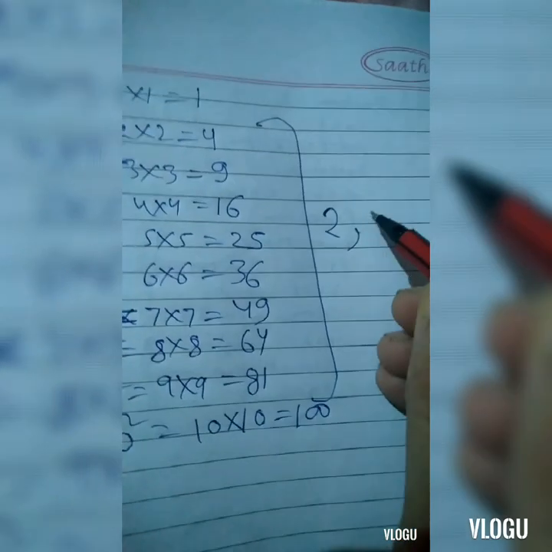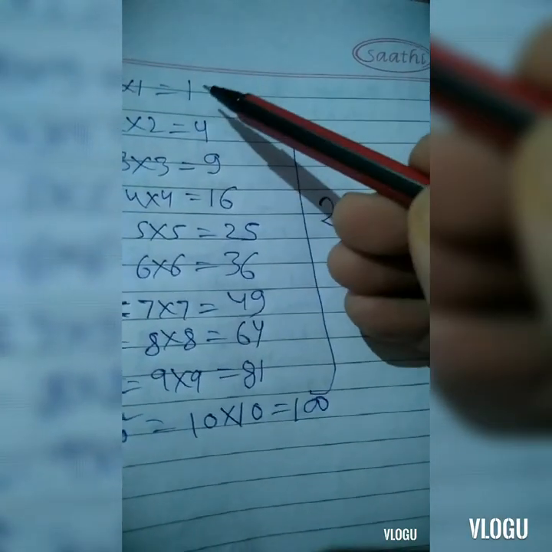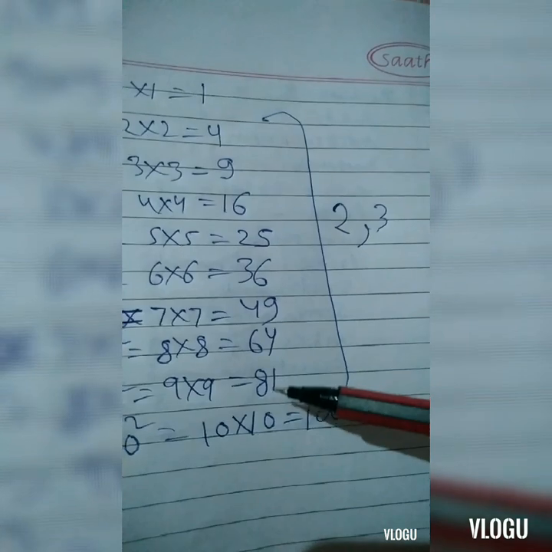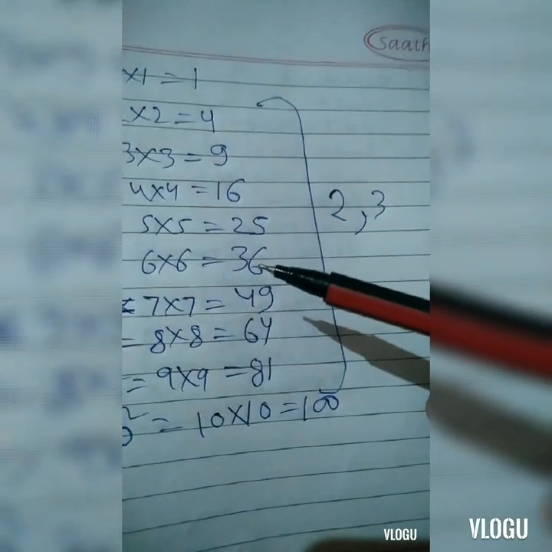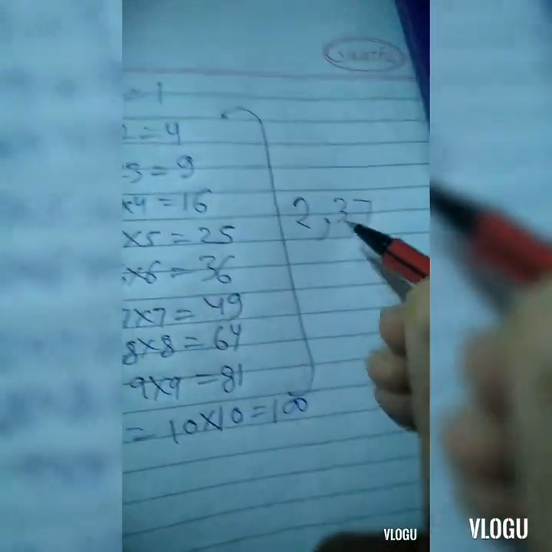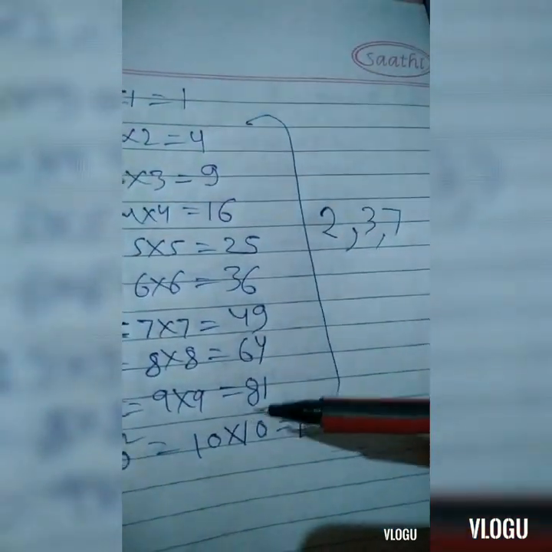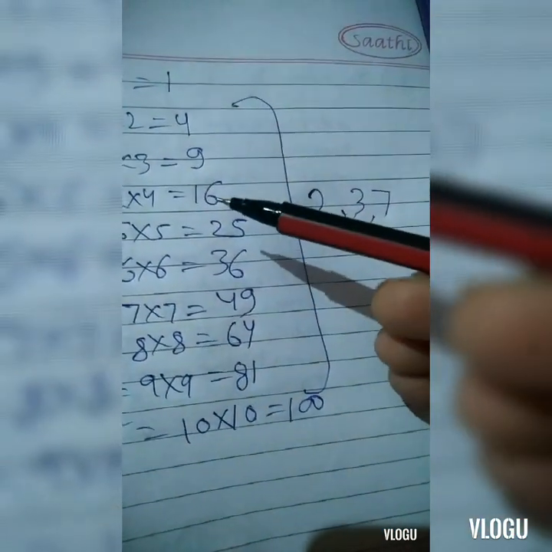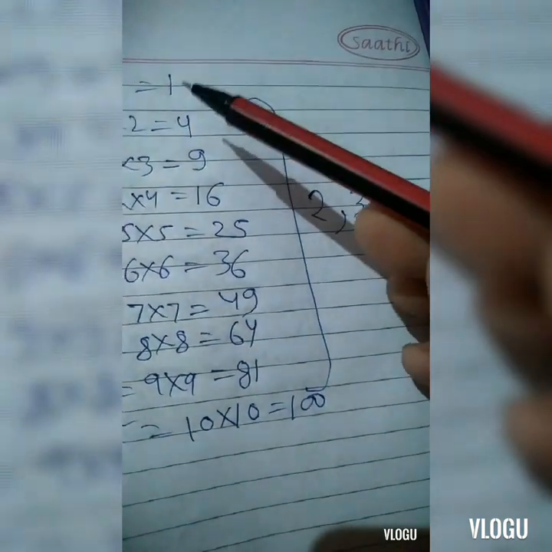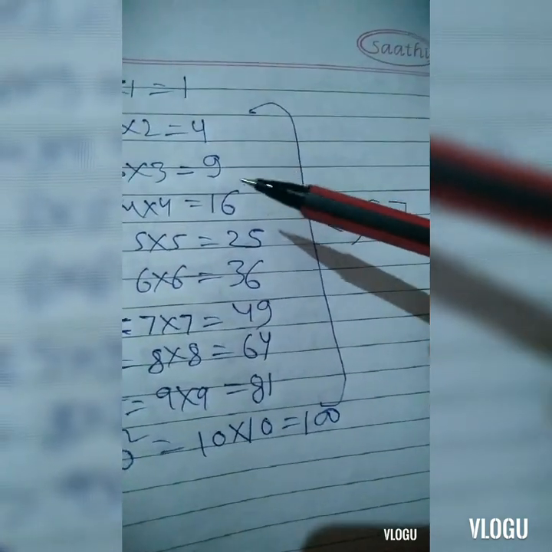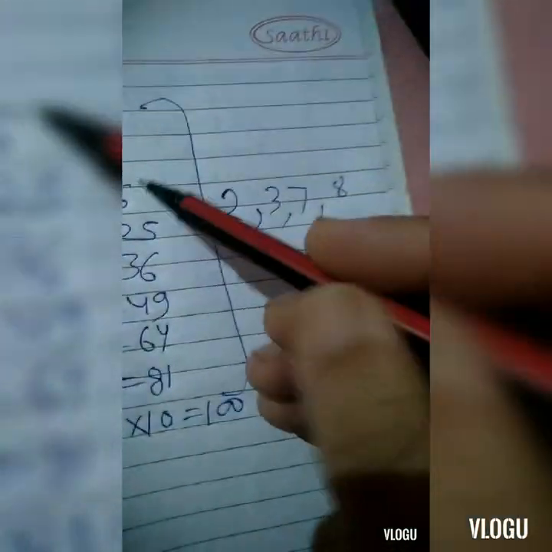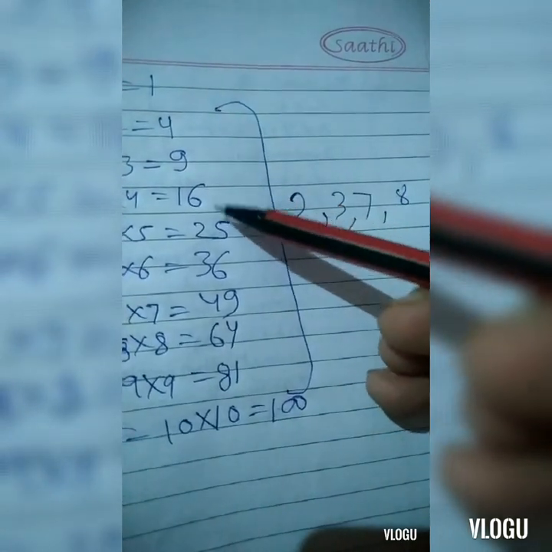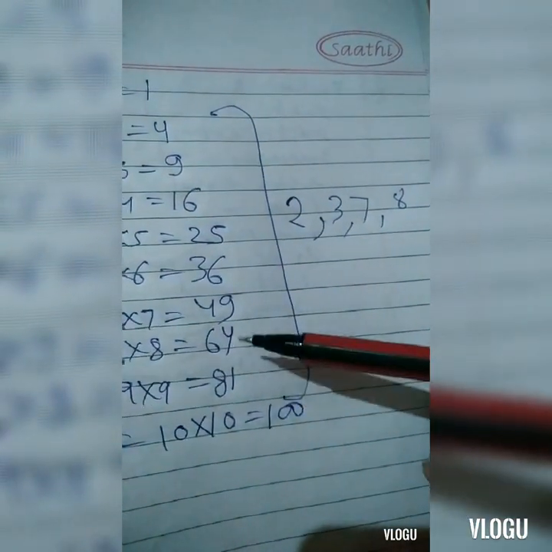Similarly, 3 is not in the unit place. 4 is here, 5, 6. You will observe 7 is not in the unit place. In all these, you will not get 2, 3, 7 in the unit place. 8 is also not in the unit place.